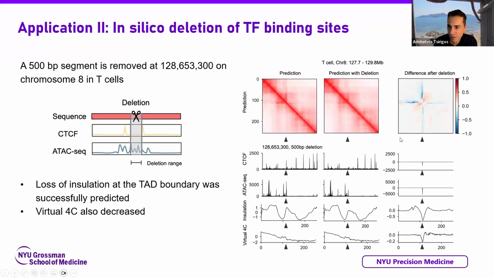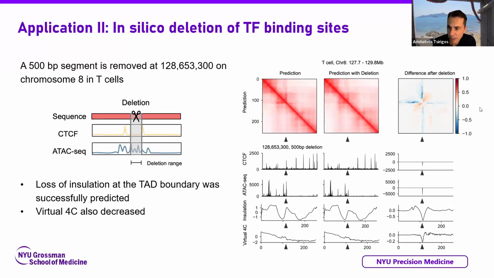So in this fold change map, you see the changes. And what you see is across the point where we deleted CTCF binding, you now see an increase of interactions. And this makes biological sense because, again, CTCF provides insulation. If you delete it, then insulation is lost, and this allows interactions to happen across the two sides.